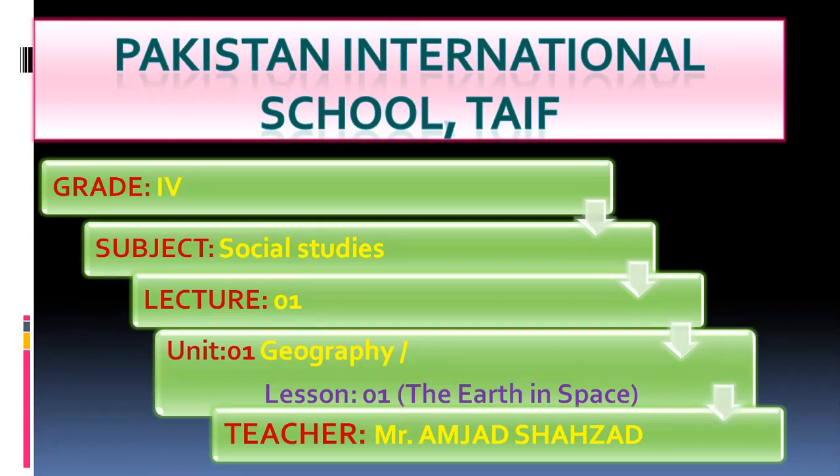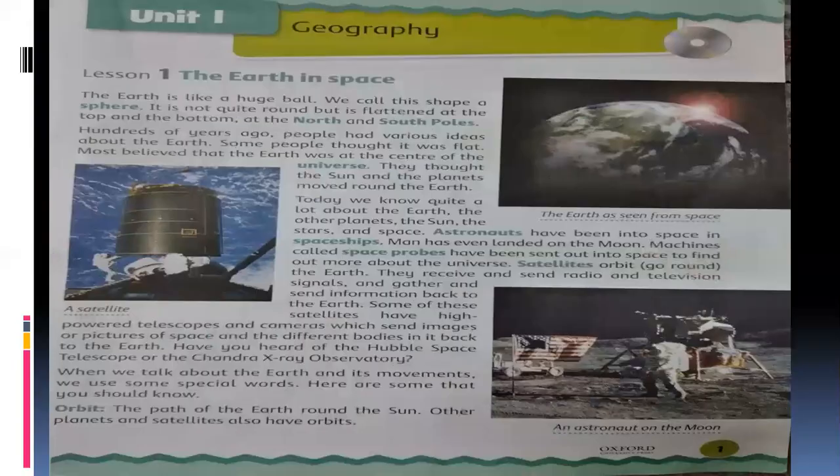We start our first unit, subject social studies, lecture number 1, grade 4th, unit number 1, geography. In unit number 1, we have lesson number 1, the earth in space. My name is Amjad Shehzad. Let's start.